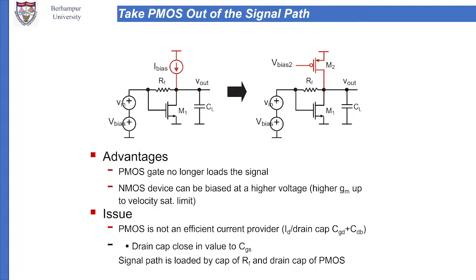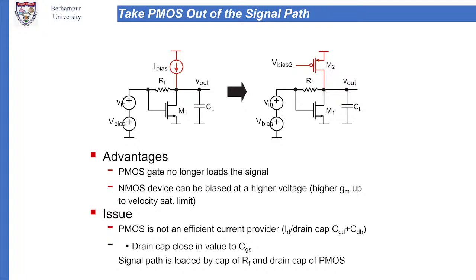When you remove the CMOS, the gate no longer loads the signal. Because the CMOS is not there, its gate will not load the signal, but you will get the required current from a current source. Then the NMOS device can be biased at a higher voltage, giving higher Gm, up to the velocity saturation limit. So both the things that we discussed are the advantage if we take the CMOS out of the signal path.